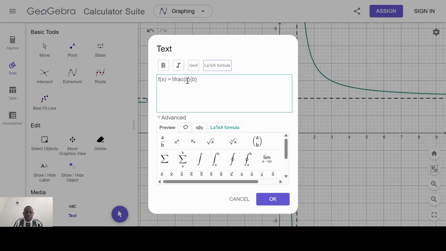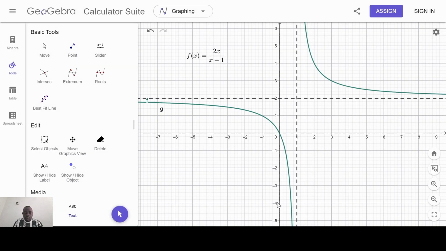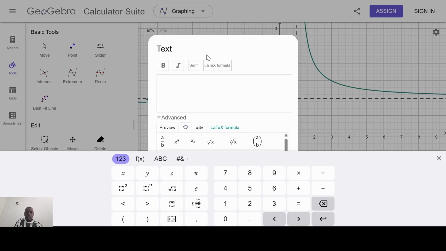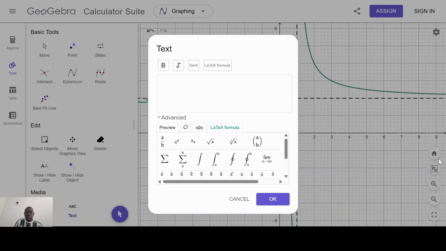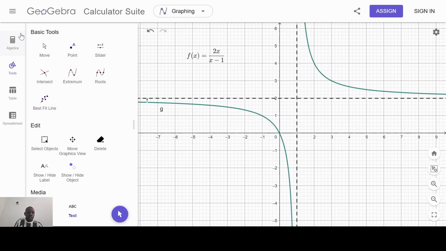You can also bring in LaTeX. Remove this b, then you click OK. You see it's there. You can cancel. Then come back to the move tool. You can move it around.